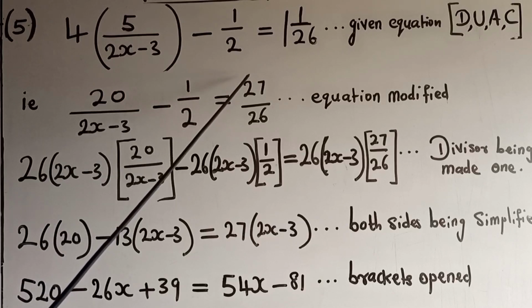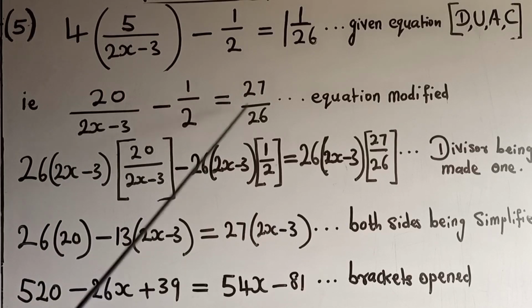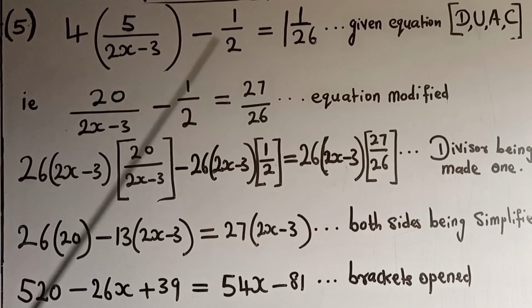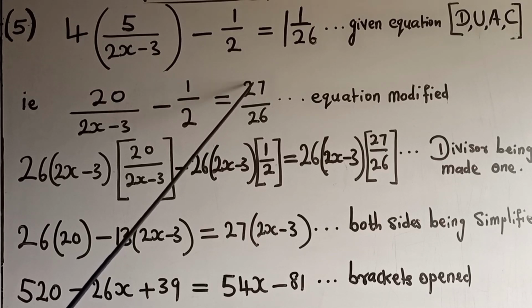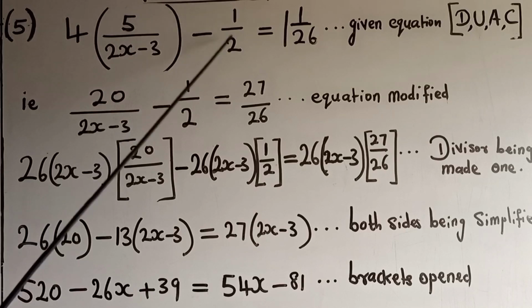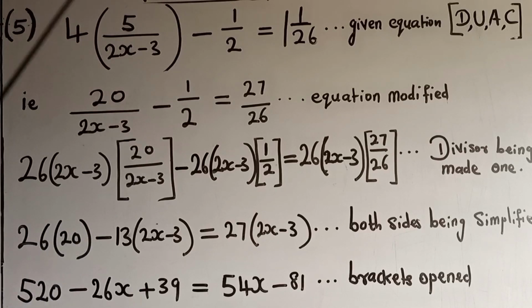It has become 27 over 26. I believe that you can convert this kind of mixed numbers to an improper fraction, 27 over 26. 1 over 2 remains the same. But this 4 bracket 5 over 2x minus 3 has become 20 over 2x minus 3.